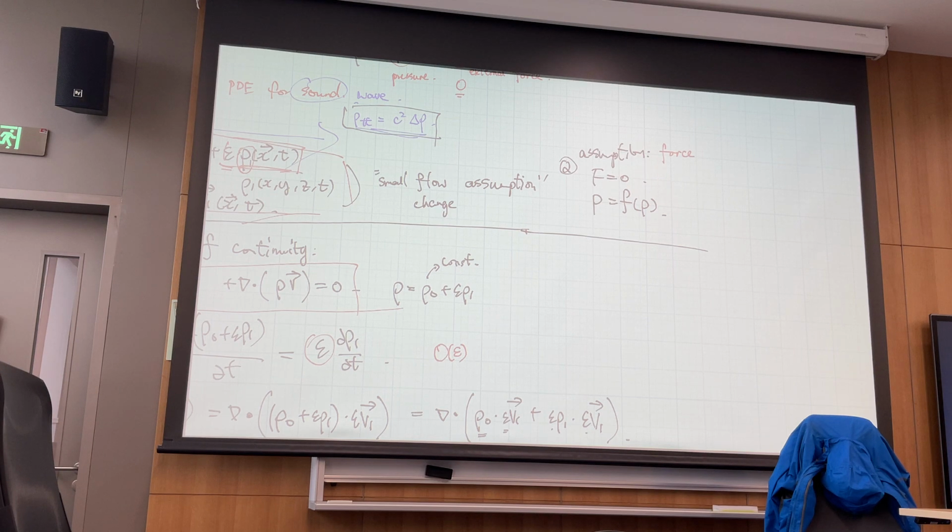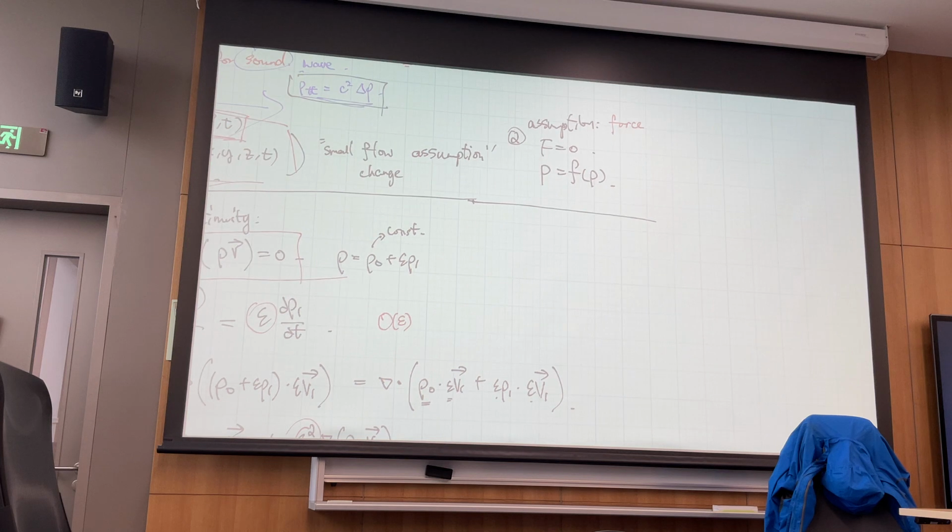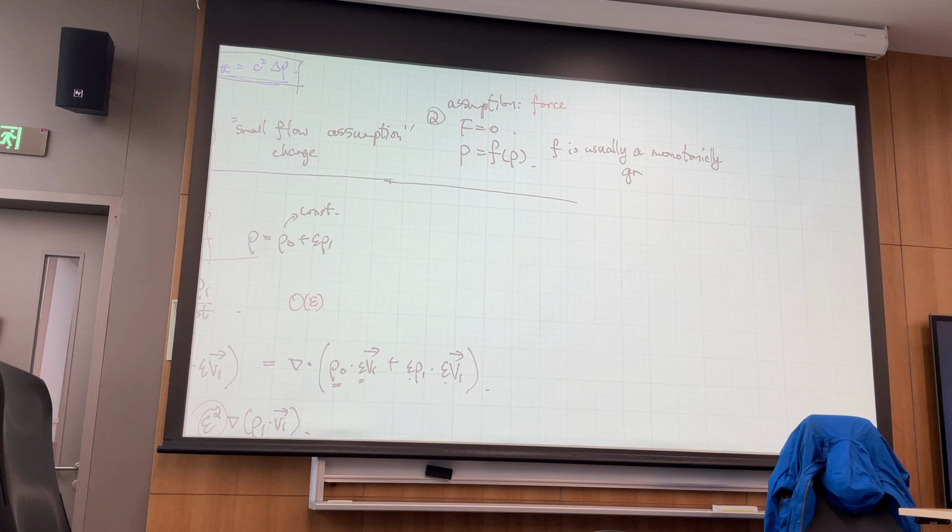So I am assuming that P is a function of rho, and this function is usually monotonically increasing: the larger the density, the larger the pressure.